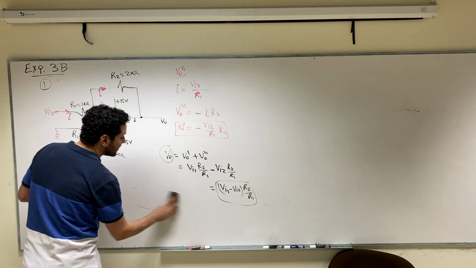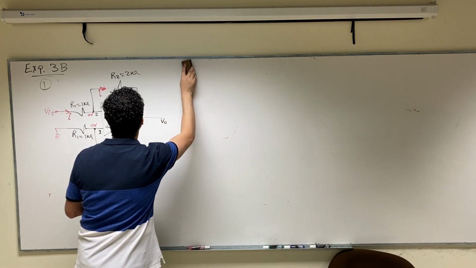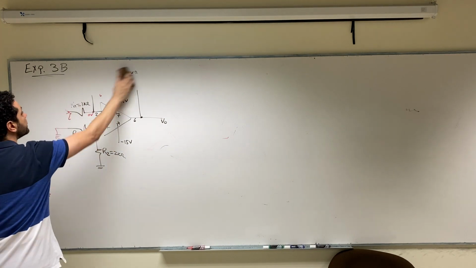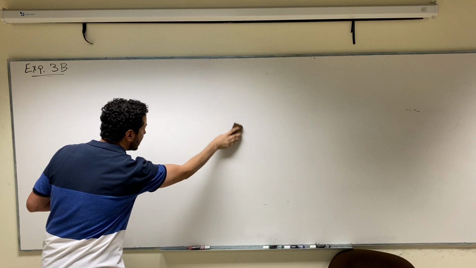Let's talk about the third circuit. The third circuit is called voltage to current converter.